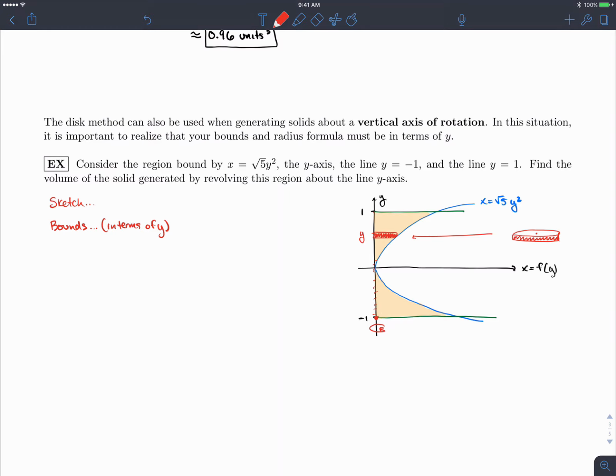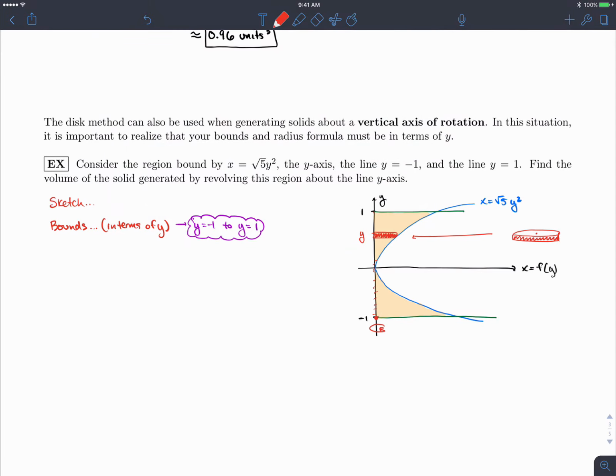So here our bounds are going to be from y equals -1 to y equals +1. We'll take a note of that. So this is the region along the axis of rotation that we're going to be stacking all of these disks to get our volume.